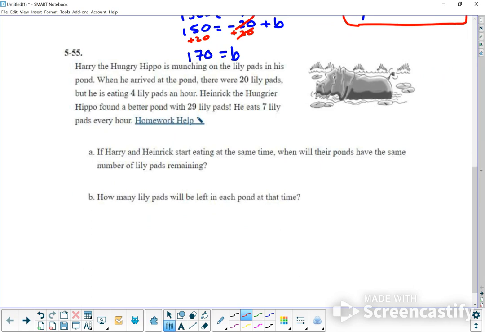Let's see, if Harry and Heinrich start eating at the same time, when will their ponds have the same amount of lily pads remaining? Right. So, let's just write patterns. So this is going to be Harry, and this is going to be Heinrich.